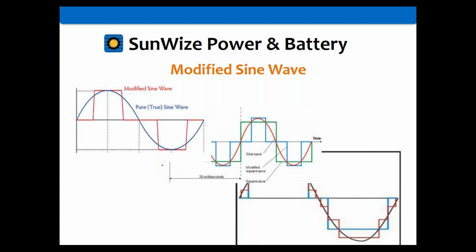They're modified, which means there's kind of an edge to them, or sort of a sawtooth. And depending upon your load, that may or may not be a problem. If you've got a radio that is expecting a nice pure sine wave and you have some type of jagged waveform, that may cause some noise on your lines. There may be other devices that are expecting a pure sine wave that get this square edge.